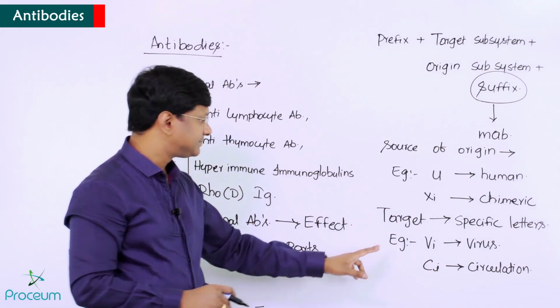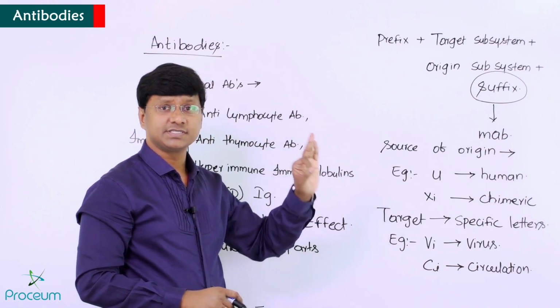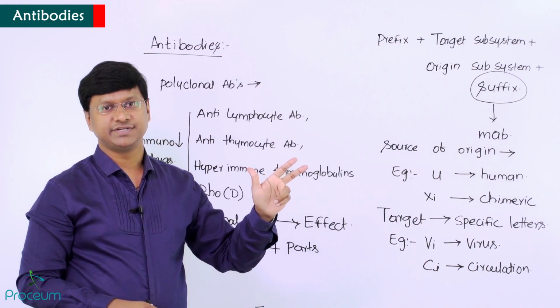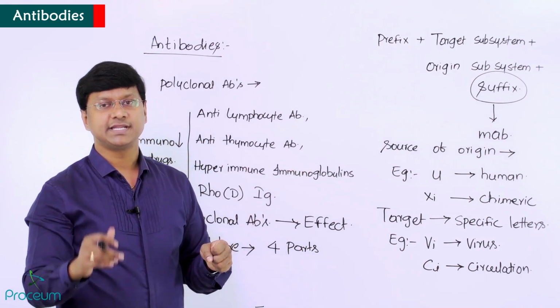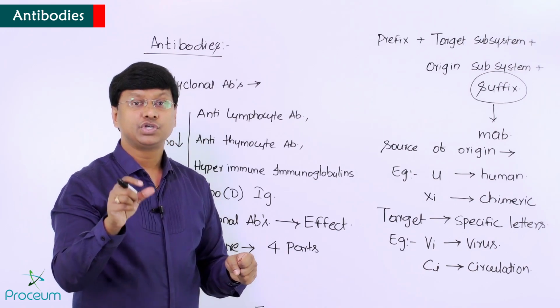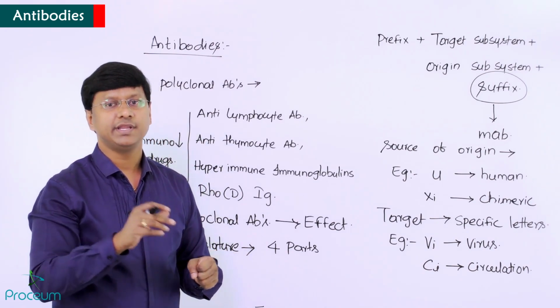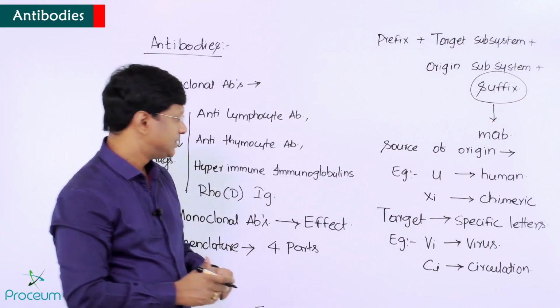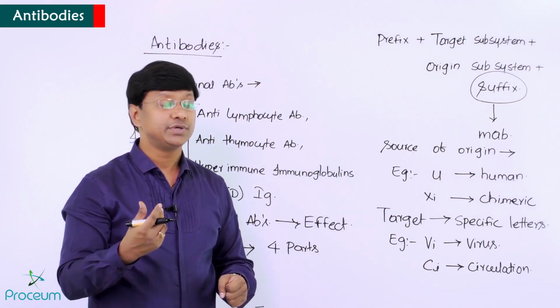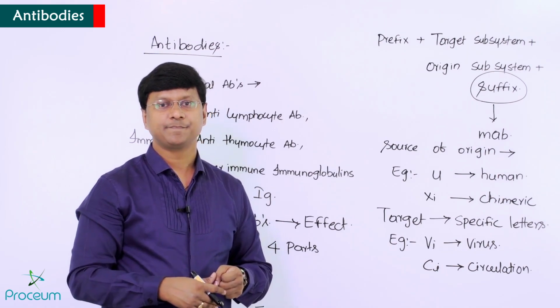So previously the target consisted of 3 letters: consonant, vowel and consonant. In 2009, new and shorter target subsystems were introduced.